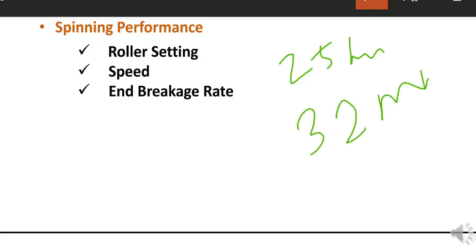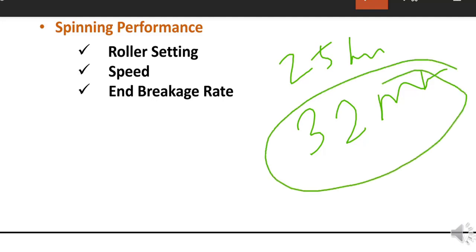Now if you are running the material 32 mm on your spinning line, if you move from 32 mm to 25 mm, then if you won't go for change in roller setting, then what will happen? You may get more number of floating fibers, generation of more amount of floating fibers, which results in irregular yarn.